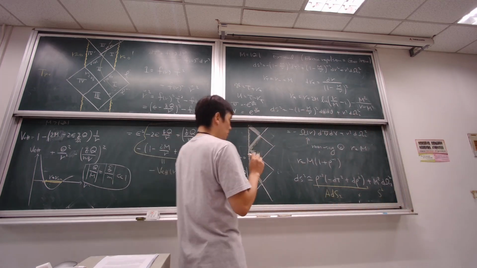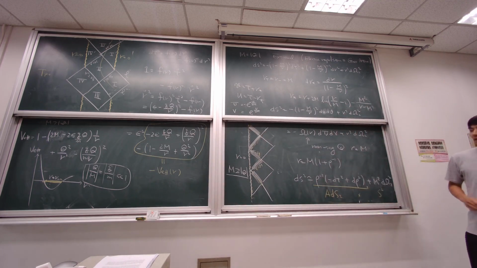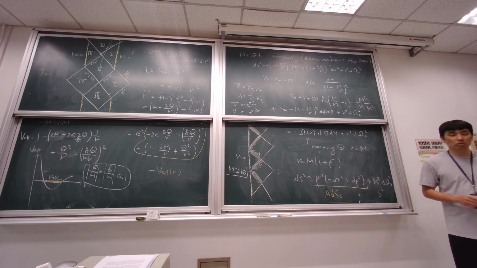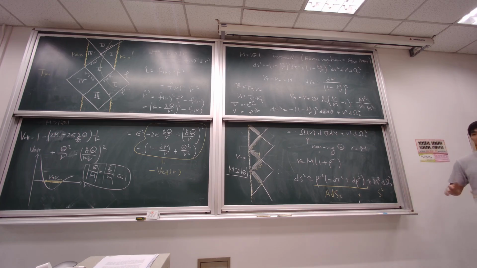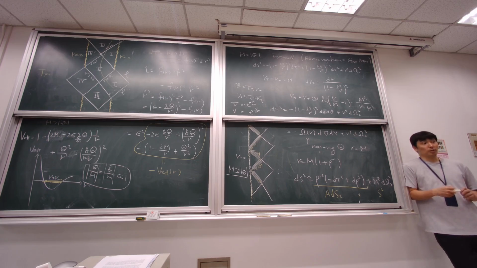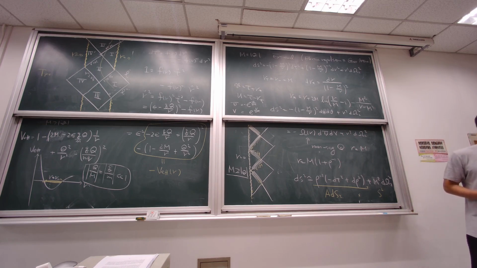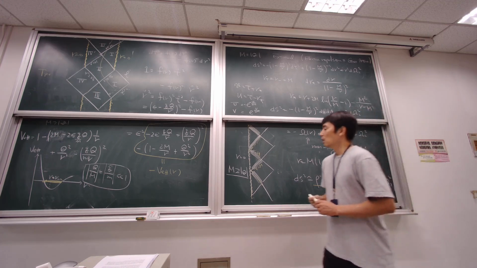And if you look at the near horizon geometry, you get again AdS2 cross S2 in 4 dimensions. In higher dimensions, it is AdS2 cross some other factor and so on. So this is a very universal feature of extremal black holes in string theory, and it plays a very important role in string theory. But I'm not going to go into the detail.